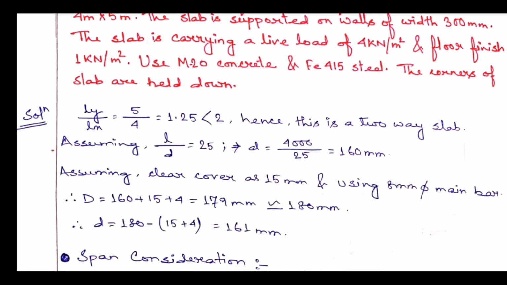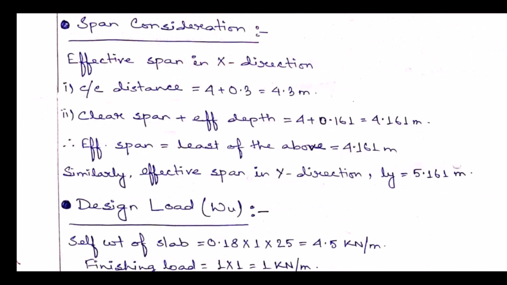Now effective depth is equal to overall depth 180 minus clear cover plus half dia, that means 15 plus 8 by 2 is 4, that is equal to 161 mm. Next step is span consideration.